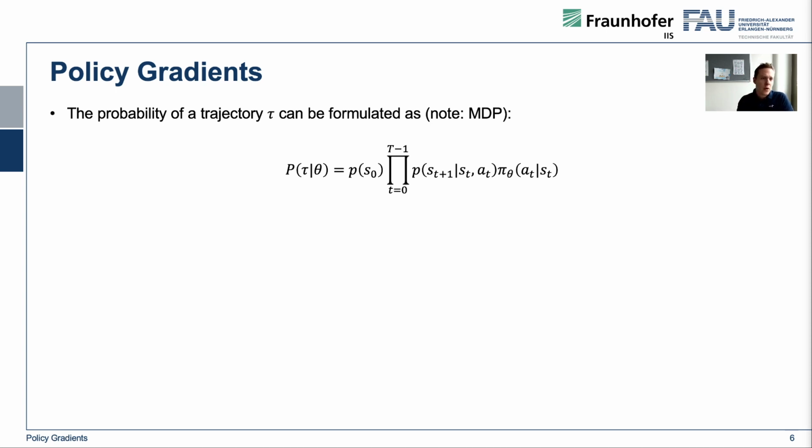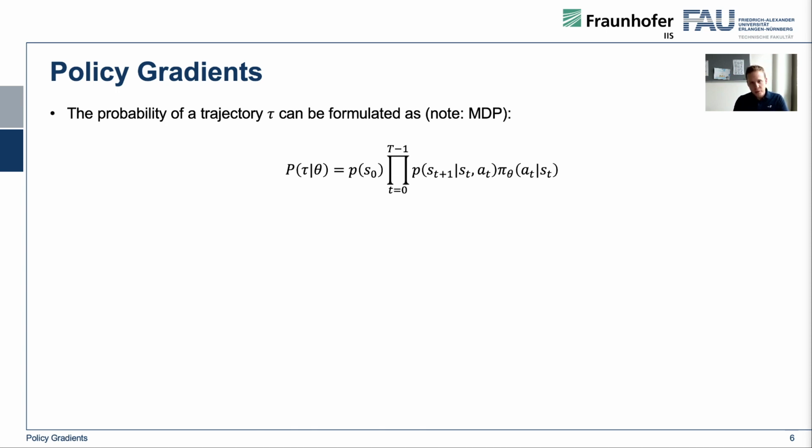And the full probability of a trajectory under theta is nothing else than the probability of starting at state S0 and then going through all the states that we actually see with the actions that we actually took, multiplied together, times the probability that the actions we selected were selected by our policy pi. So this is how the probability of a trajectory tau under policy pi is defined.